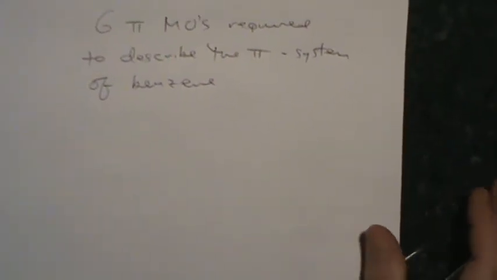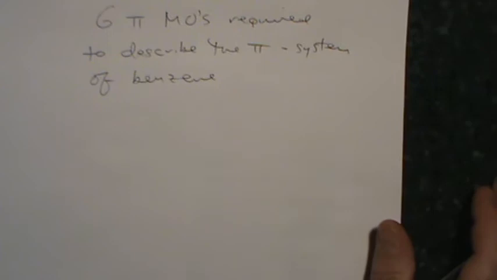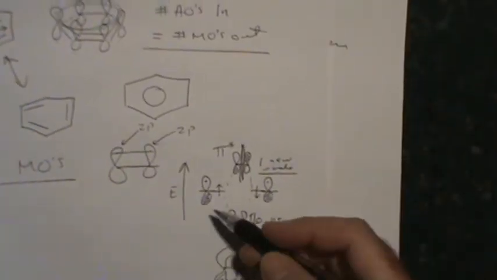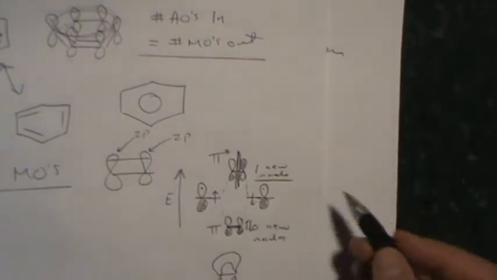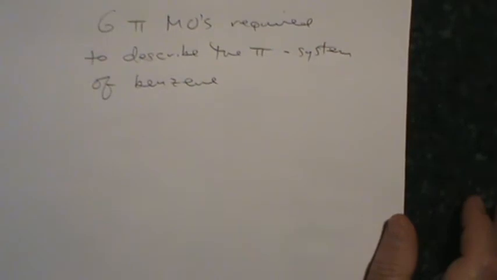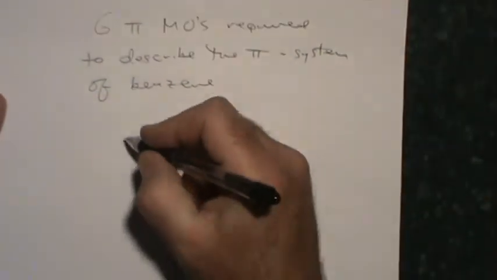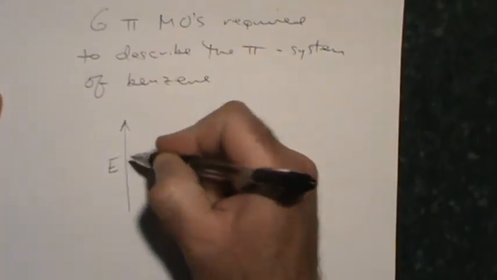6 pi molecular orbitals. That's a lot of pi molecular orbitals, and the question is, how would we space them on an energy axis? Where would they be located? Down here we had a pi and a pi star, the pi at lower energy, the pi star at higher energy. How are we going to get these 6 pi molecular orbitals on an energy axis?